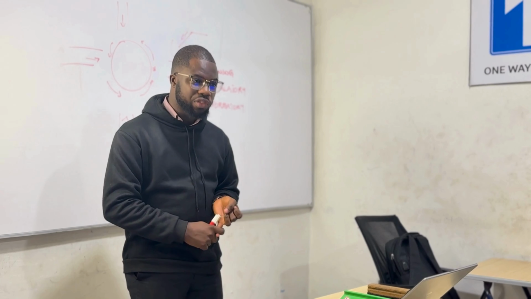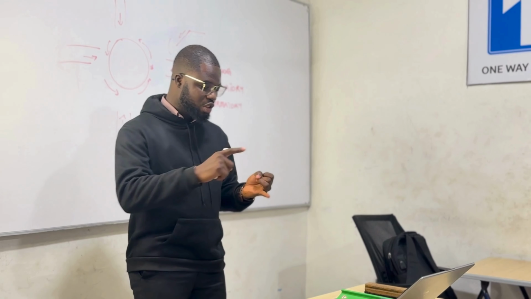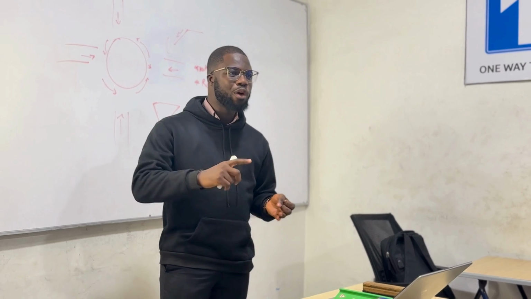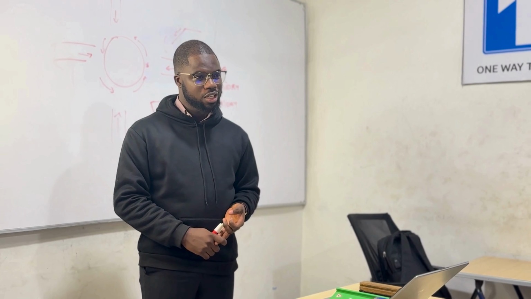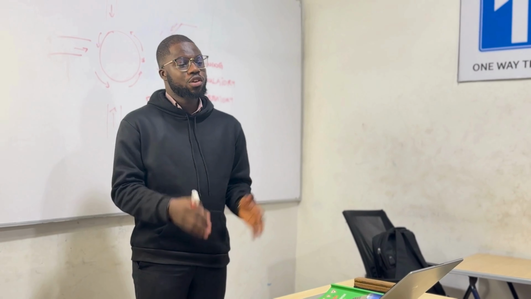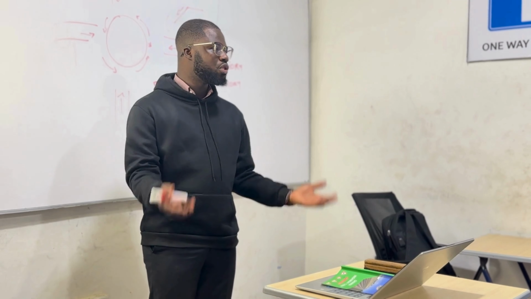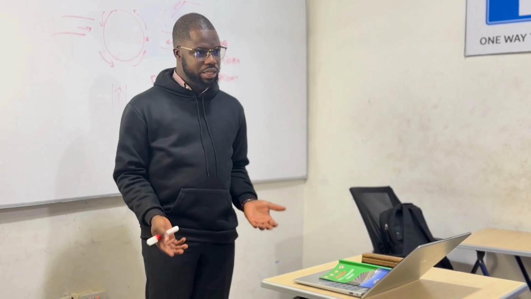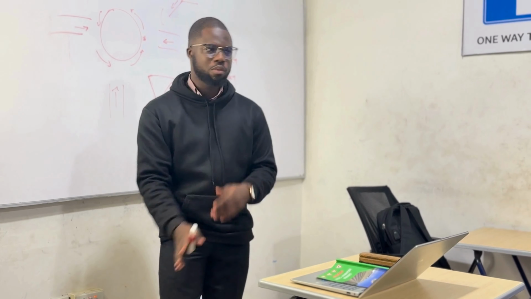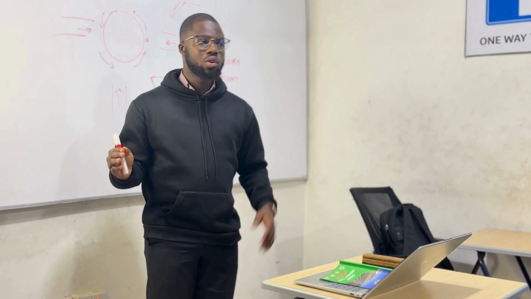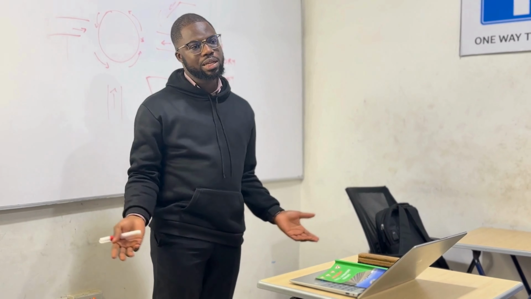Including poor knowledge of the route. Because you don't know the route, you don't know how it goes, but you are speeding. If that happens, the tendency of you getting accidents is very high, right? Because you haven't been on that road before, but you are speeding. Whether the road moves this way or that way, you have no idea. So you're just going like that, and then you end up getting an accident.